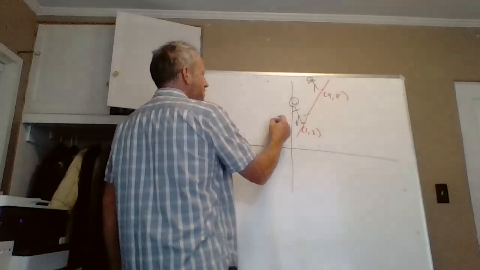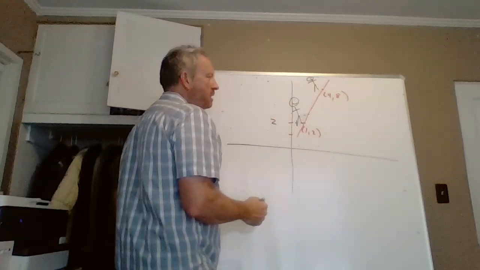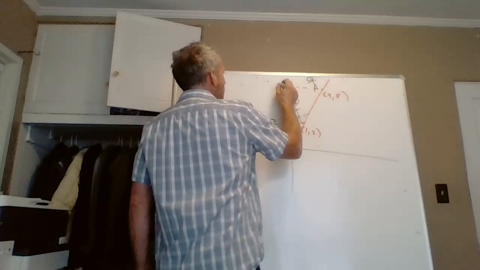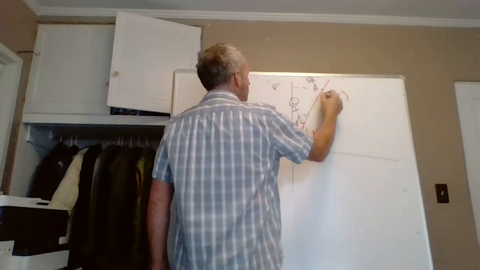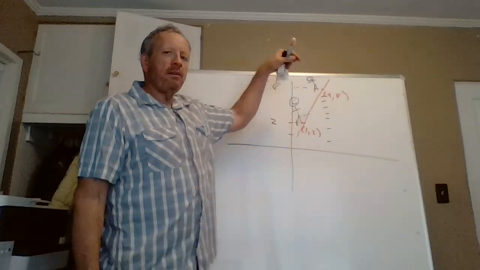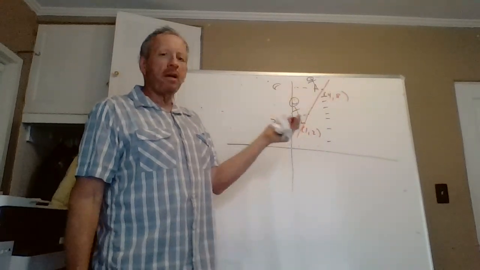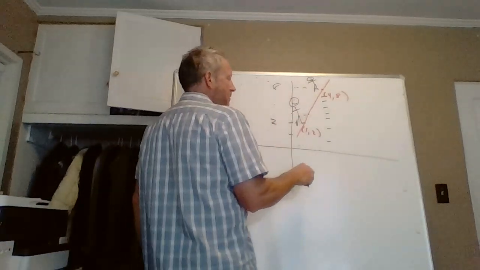The initial height here is 2, because the y-coordinate is 2. So we're 2 units up. What is the height here? The height is 8. So you've gone from a height of 2 to a height of 8. Well, you've increased your height by 6. And how far over have I gone?